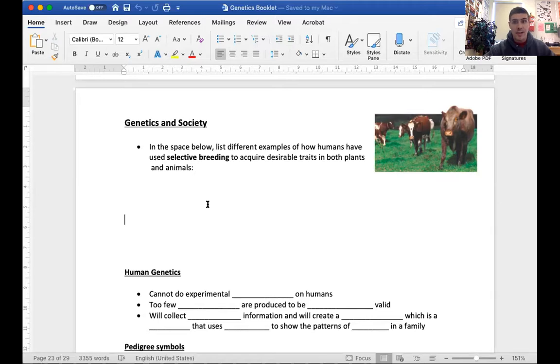Dog breeds is a good example, selecting desirable traits like physical characteristics that we want to see in the offspring, as well as livestock, bigger animals for more meat, leaner pigs and cows, as well as horses for horse racing. So these are just some examples of instances where humans are selectively choosing traits so that hopefully the offspring will also inherit those desirable characteristics.